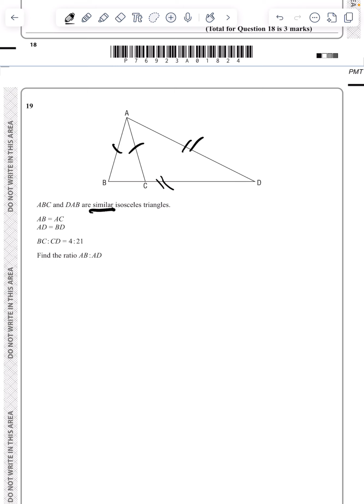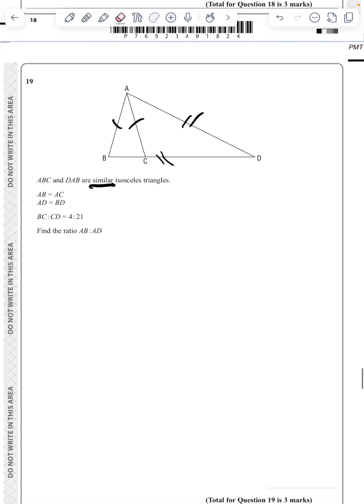Ah, I see. So you can see there, isosceles triangles. So since they're similar, you can do the same sorts of things with them. So you know AB equals AC, AD equals BD, and you know they're similar.